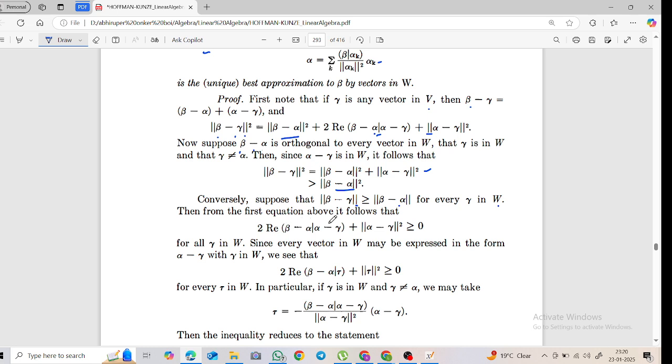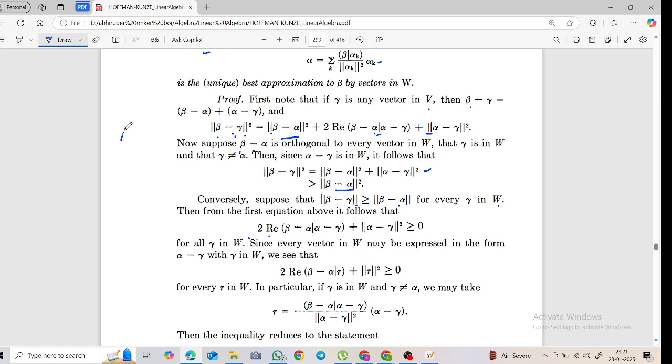then from the first equation above it follows that this is greater than or equal to 0. So twice the real part of this, alpha minus gamma, is greater than or equal to 0, because this is greater than this.